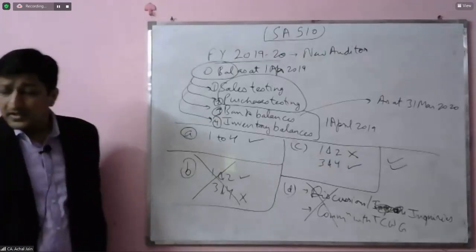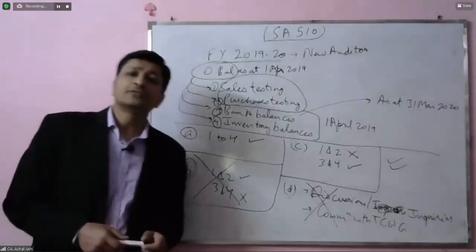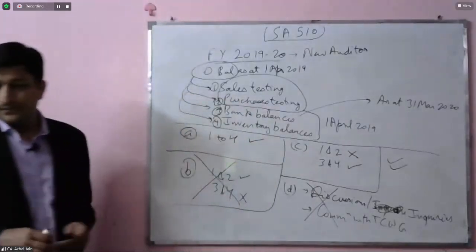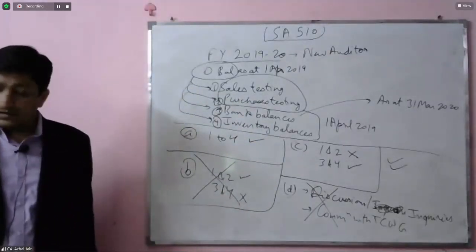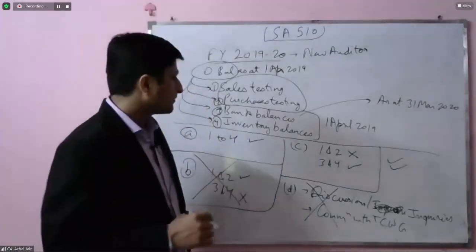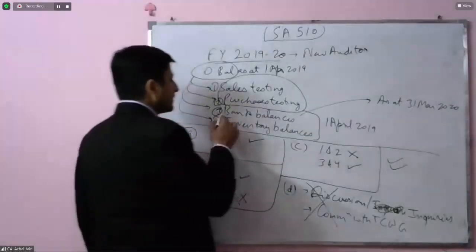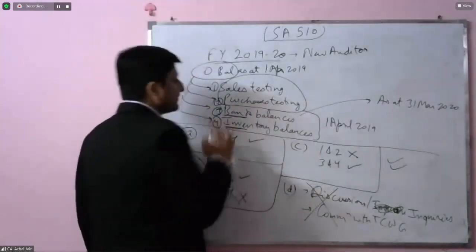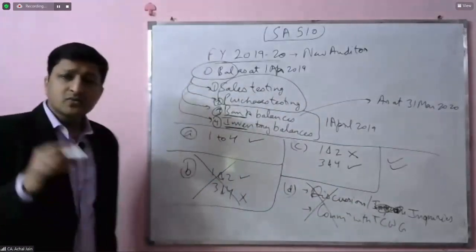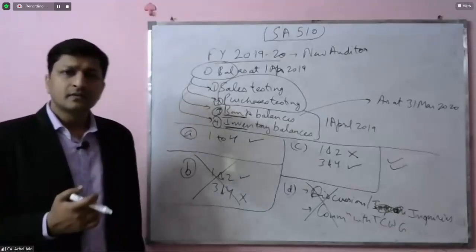Now the next point is around sales testing and purchases testing of the previous years. Whether that will be correct to be done on the part of the auditor or not. Now, when we talk about bank, when we talk about inventory, in terms of testing of their opening balances, how would that be done?